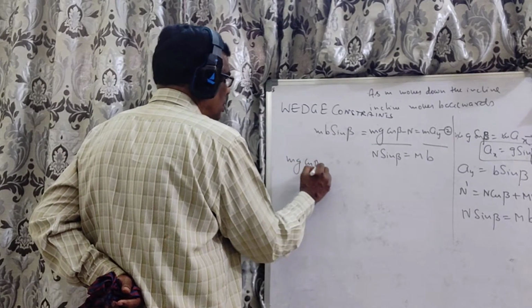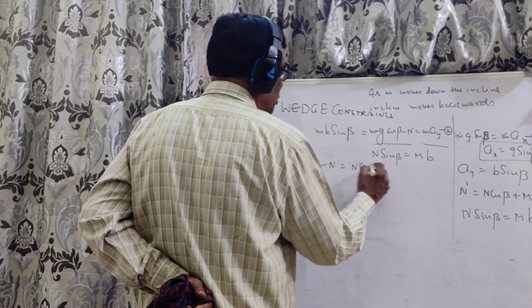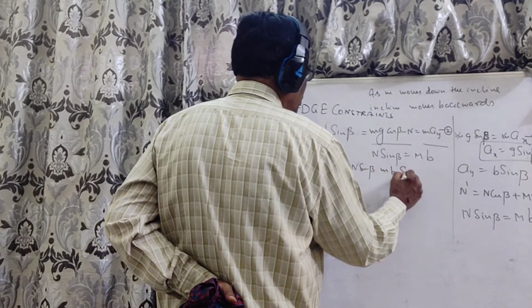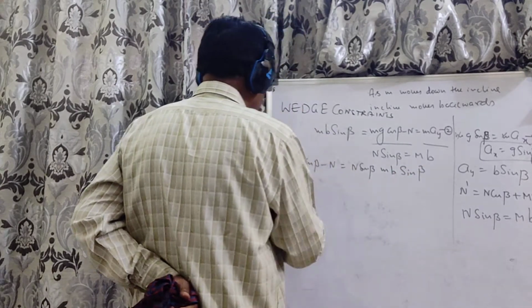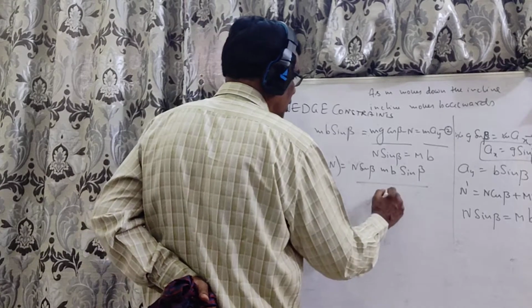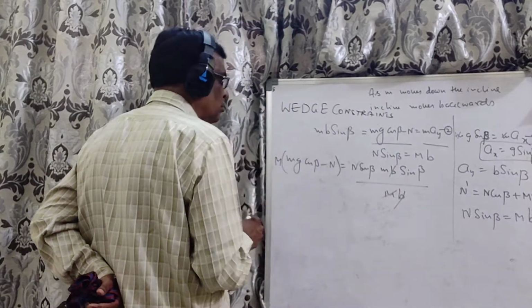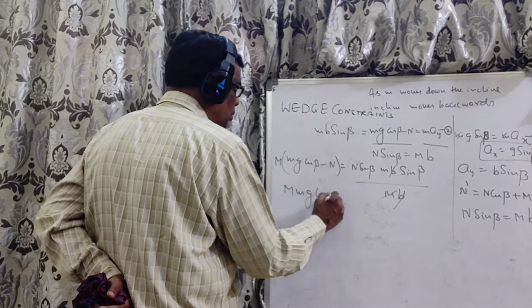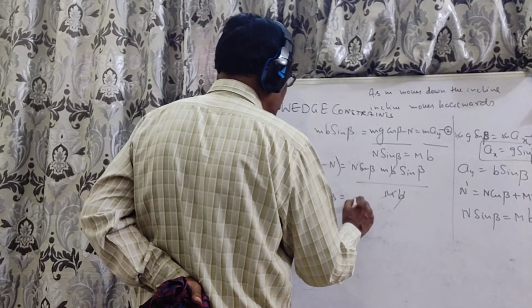Mg cos beta minus N is N sin beta. I brought it onto this side. Nb sin beta by Nb, the b gets cancelled. This m comes here. Mg cos beta. This is a capital M.